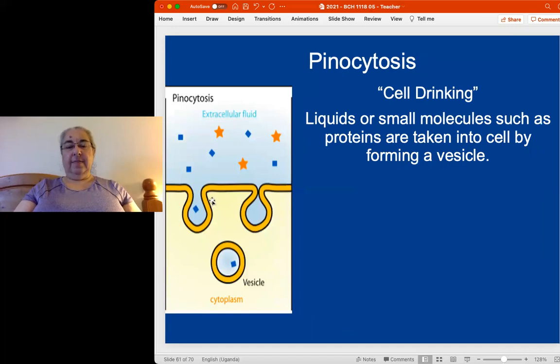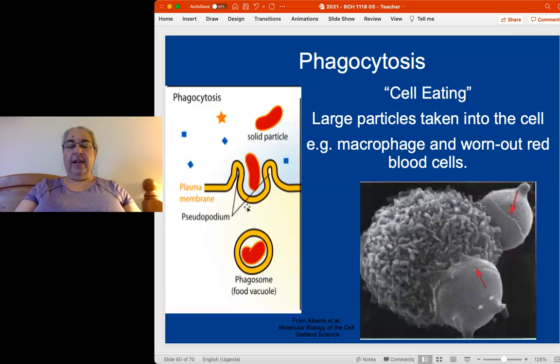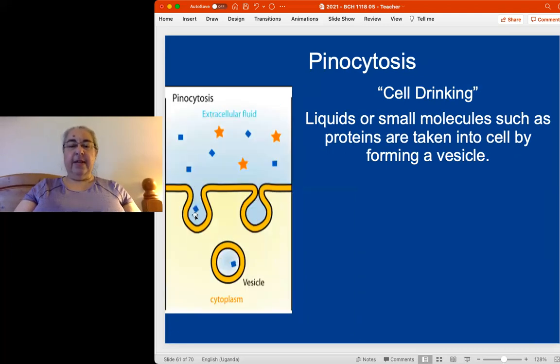Pinocytosis is very similar, except the molecules involved are too small to see in a microscope. For phagocytosis, people looking through microscopes could see the particle that was being taken in. They're large enough particles to see. For pinocytosis, they could see the cell doing this sort of indentation and taking things in and forming vesicles, but they couldn't actually see what was being taken into the cell.